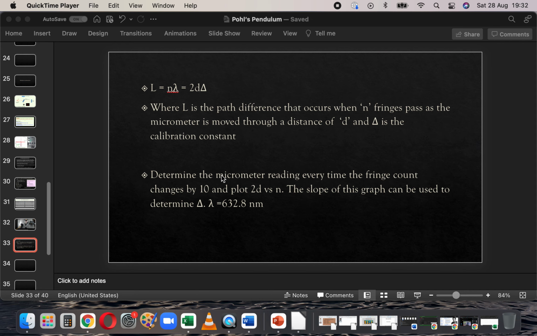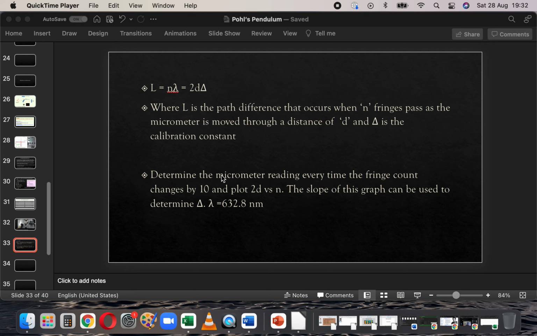So if L is the path difference that occurs when n fringes pass when the micrometer is moved by a distance d, then the path difference is equal to n lambda is 2d. Now ideally, when there is no reduction factor or no calibration constant, n lambda will be 2d.